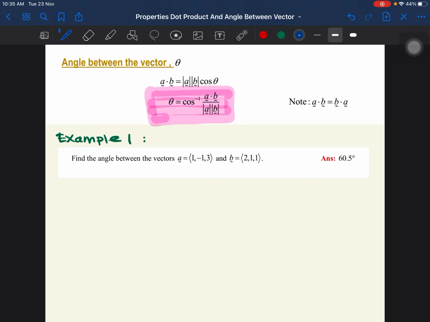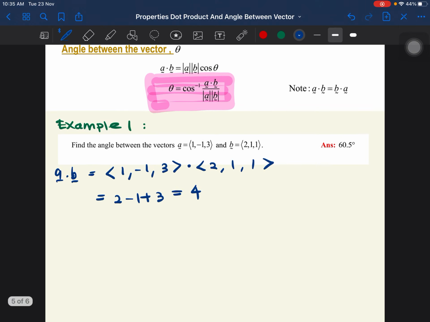We start with A dot B, which is (1, -1, 3) dot (2, 1, 1). This is equal to 2 minus 1 plus 3, which is equal to 4.